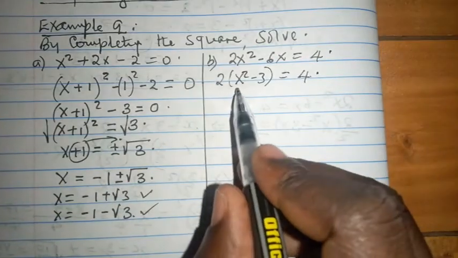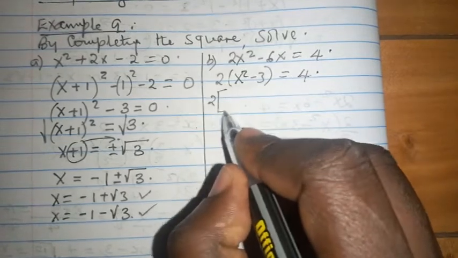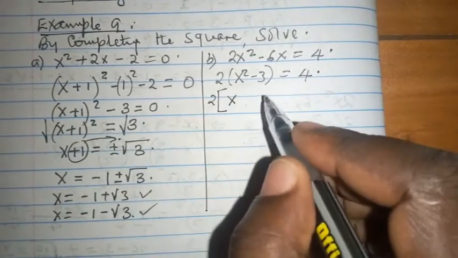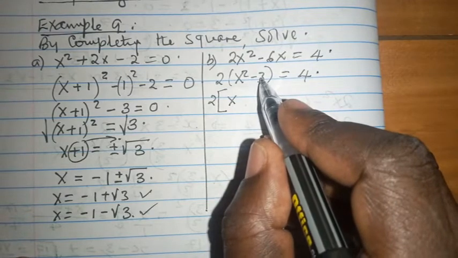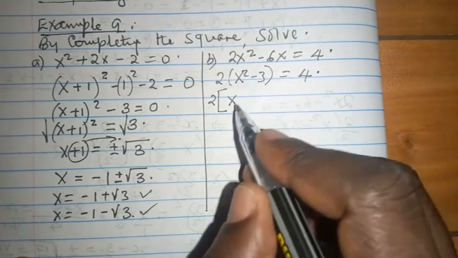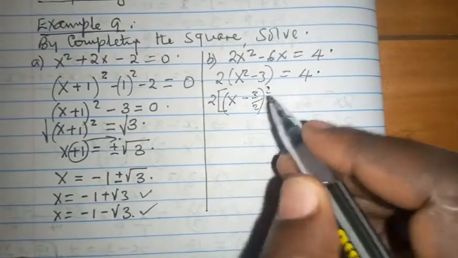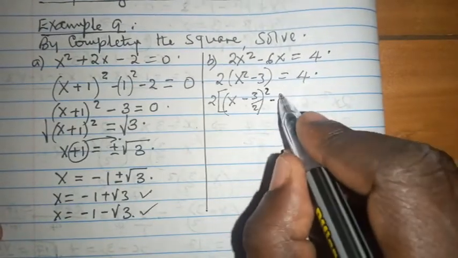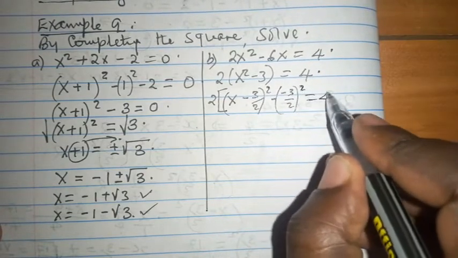So we complete the square of the left-hand side with 2 multiplying everything: x minus 3 over 2, squared, minus 3 over 2 squared, is equal to 4.